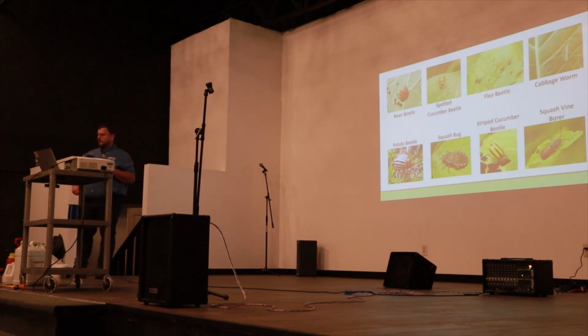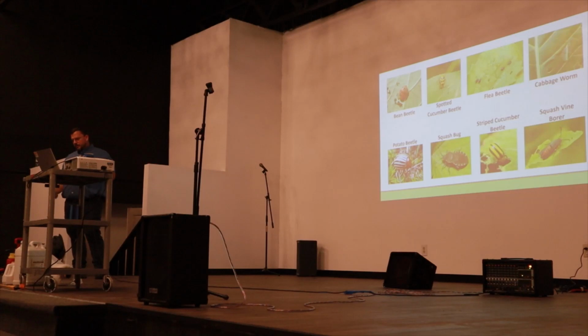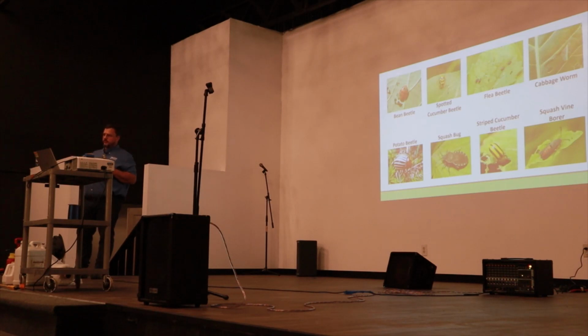Y'all have problems with squash vine borers? Yes. Those are a nightmare for me. You can use this insect netting to manage those, but what you have to do is go in and hand pollinate your pumpkins and squash and stuff, which if you're growing on a large scale is a real challenge.